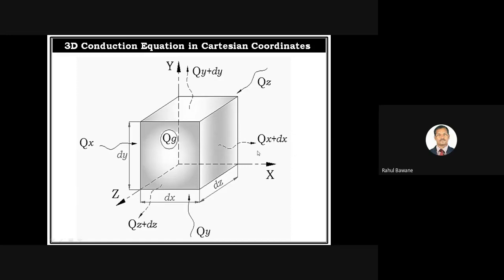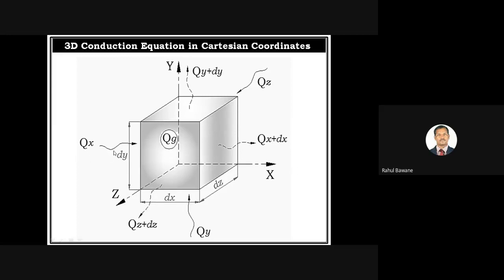This is just a notation, not Qx plus the thickness dx. Qx plus dx is the amount coming out of the element in the x direction.